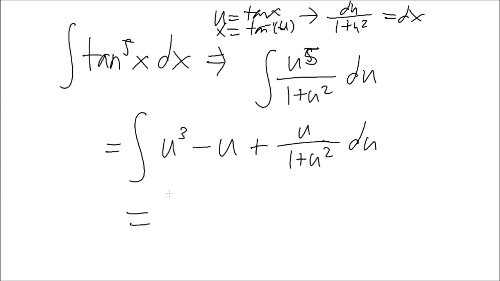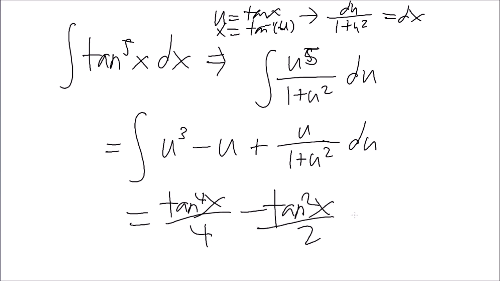This is tangent to the 4 minus tangent square 2. And then this is plus a half of ln of, this is technically secant square, or ln of secant x, right?